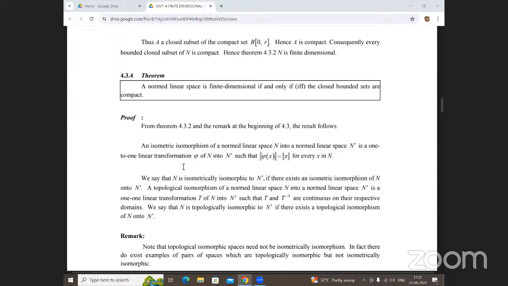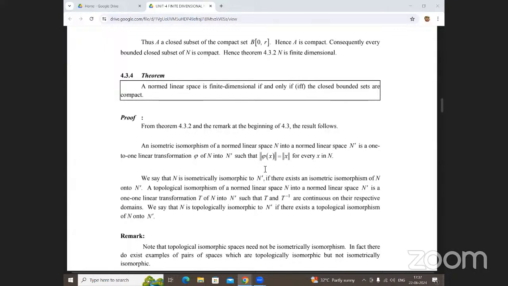Now isomorphism means one-one, onto and homomorphism, when the homomorphic condition is satisfied throughout the one-to-one mapping. That is called the isomorphism part. Then that isomorphism is isometric when, between N into a normed linear space N dash, it is a one-to-one linear transformation. That is called isometric isomorphism.